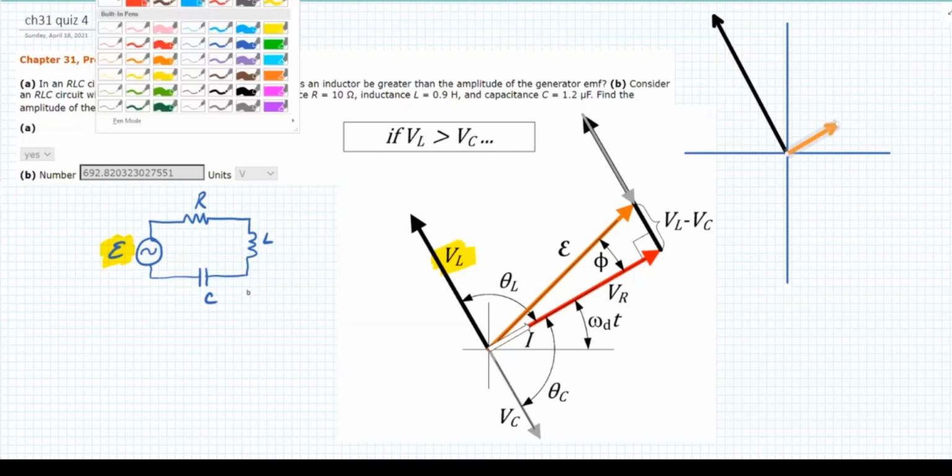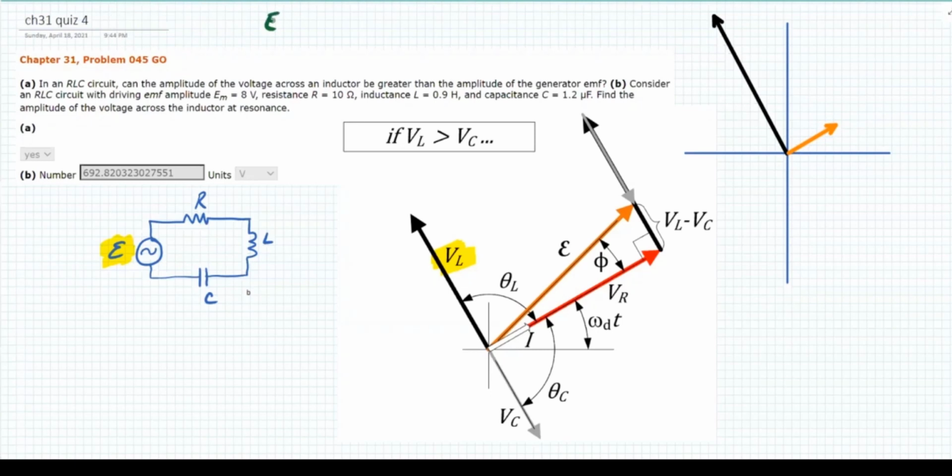Because of an acronym, I'll throw it out now: Eli the Iceman. It's been around since the year 400, a really old mnemonic. Eli the Iceman is basically saying that for an inductor, voltage leads. E stands for voltage, so voltage is leading current.